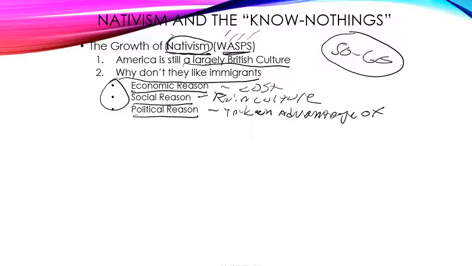The social reason, oh, they're going to ruin our culture in America. The political reason, oh, people are going to come in, they're going to take advantage of them. You hear now the Democrats are going to get them all on their side and give them the votes and stuff like that. Again, it tells you that as much as this country changes, it really doesn't change all that much in some really important social and political ways. Okay?